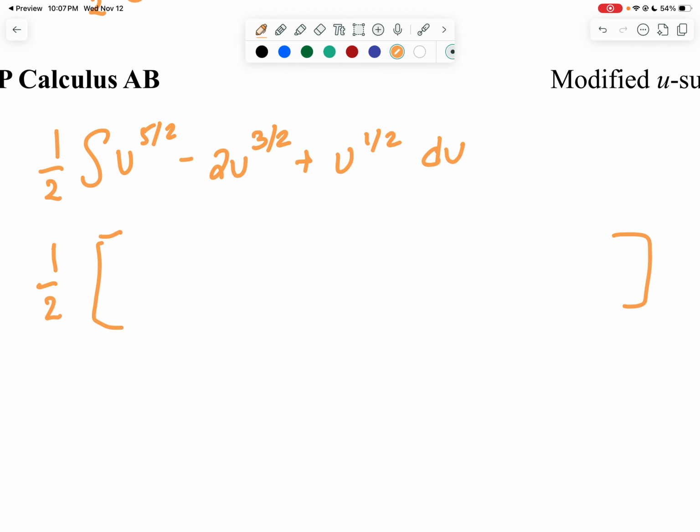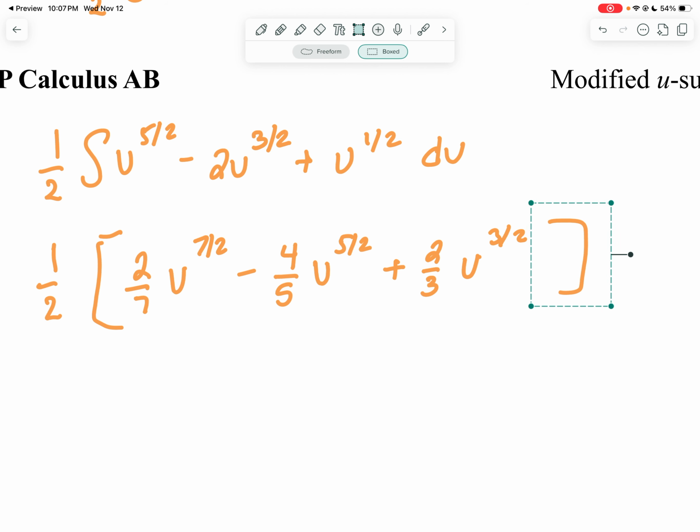So we get u to the 7/2, which becomes 2/7 here, minus u to the 5/2, which becomes a 2/5. But then because I have a 2, that's going to be a 4/5. And then 3 over 2, which becomes a 2/3.